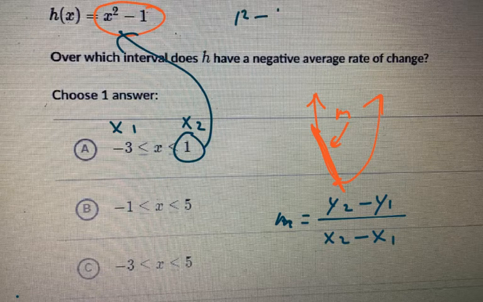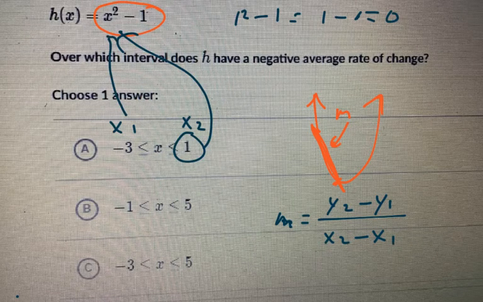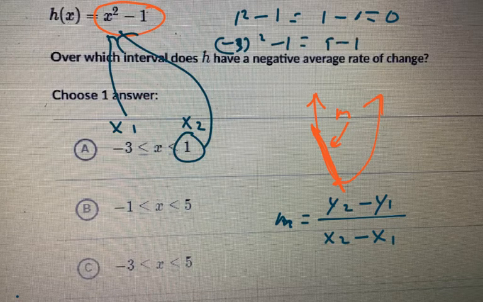1 squared minus 1 would give me 1 minus 1, which is 0, right? Let's plug in the negative 3. Negative 3 squared, remember, you put parentheses when you square a negative. Minus 1 would be 9 minus 1, which would be 8.